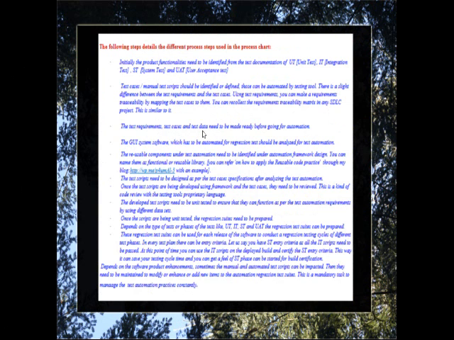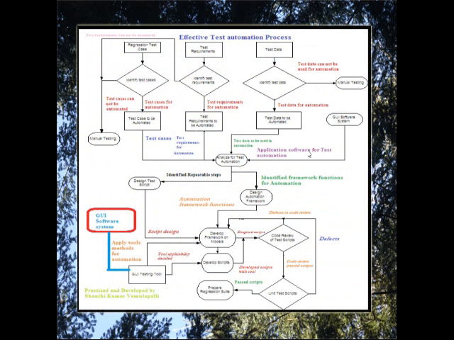Now let us come back to this. The test requirements, test cases and test data need to be made ready before going for automation. Obviously they should be ready. That is the process we have used. The GUI software which has to be automated for regression tests should be analyzed for test automation. Let us go back to the chart. When you say GUI software, the application which you are going to use is called GUI software in this process chart.